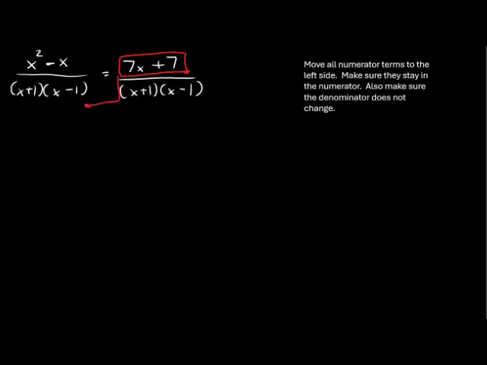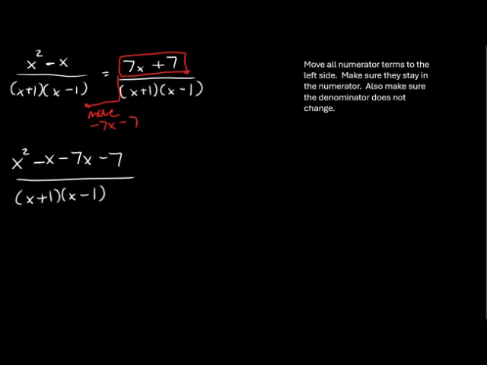We will move those to the left, and when we move them, they will become minus 7x and minus 7. This now gives us x squared minus x minus 7x minus 7 on our numerator. Our denominator does not change and stays as x plus 1 times x minus 1.